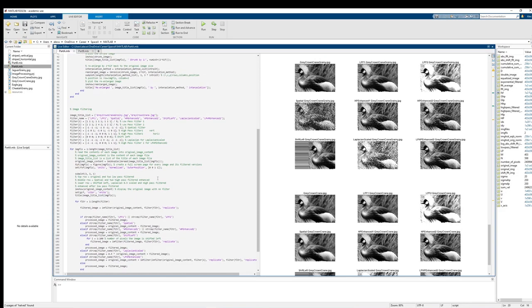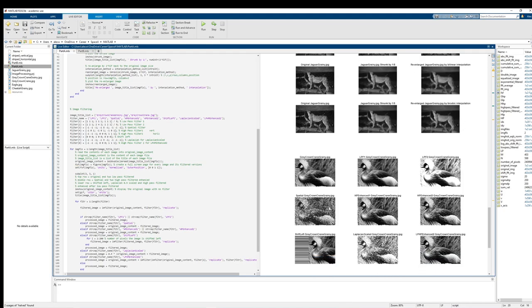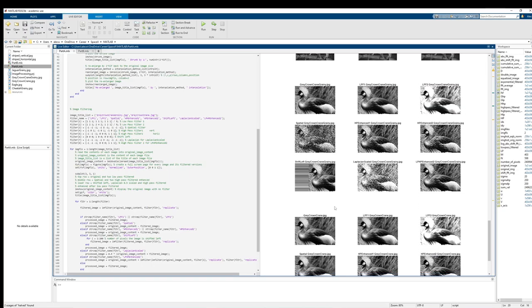Secondly, for this image filtering section, we're using low pass, high pass, and Laplacian to create different effects on the images. And this part wasn't necessarily the most intuitive for me.